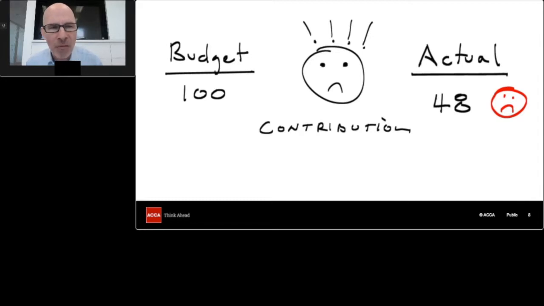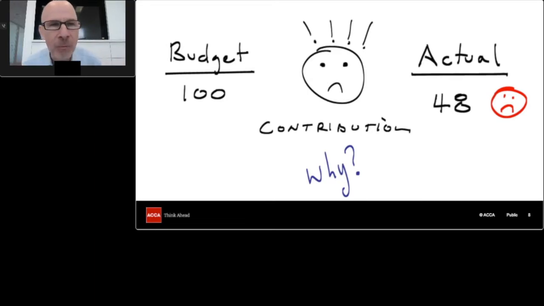So he was off by 52, having a bad week. He's going to ask the question, why? Why was my contribution lower than expected? And friends, it's variance analysis that will help us answer that question precisely.